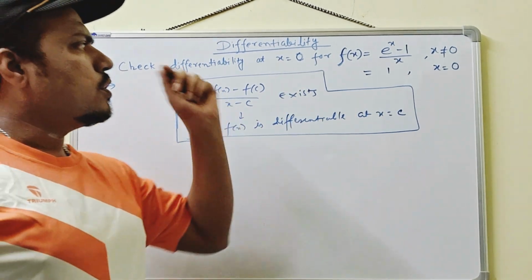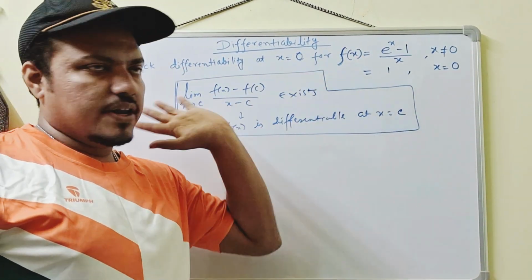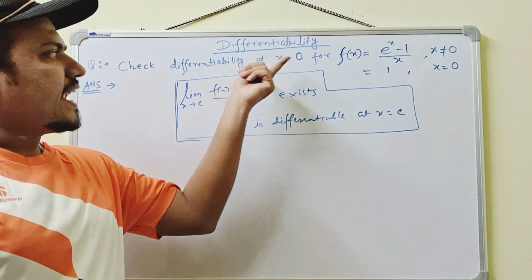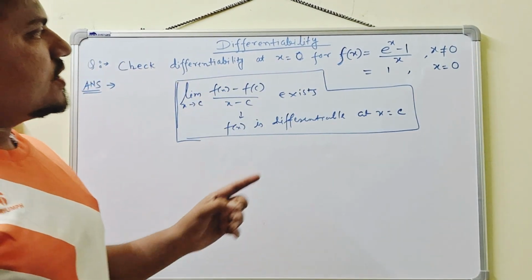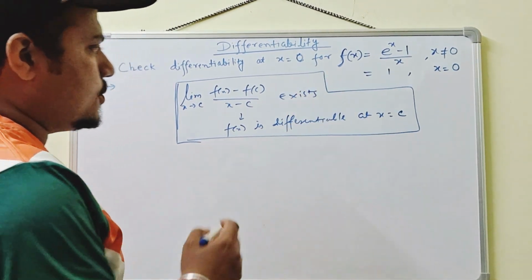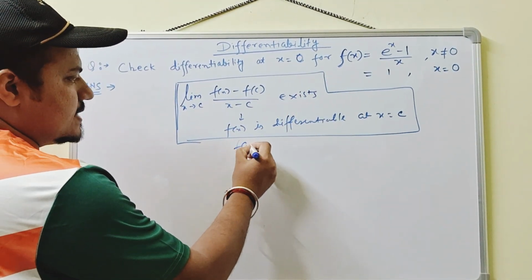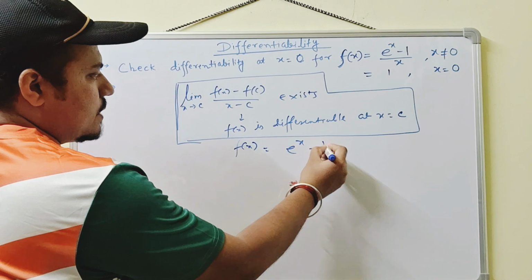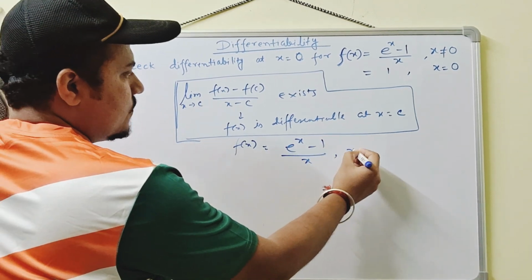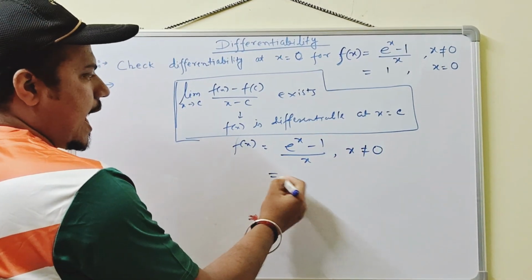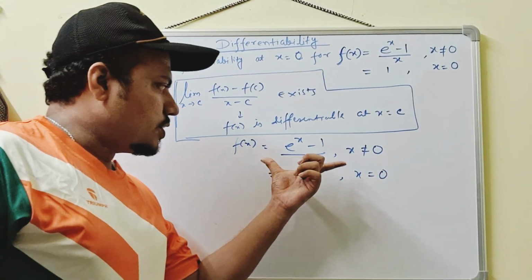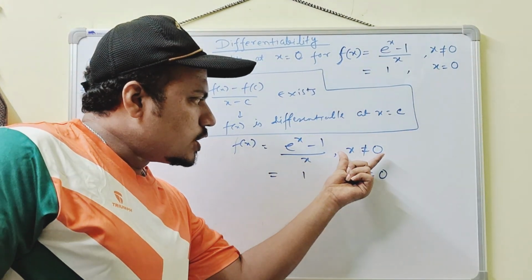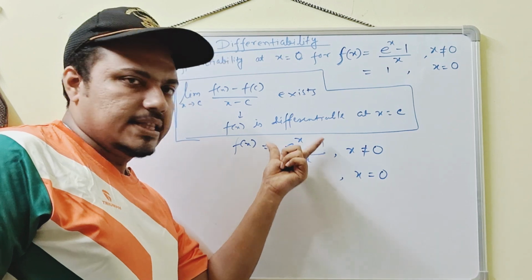Now comes to your given function. f(x) is given and we have to work on that particular point x equal to 0. So now look at this function: f(x) is equal to (e to the power x minus 1) by x if x not equal to 0, and 1 if x equal to 0. Now look at this first condition: if x not equal to 0, then the function is like that.